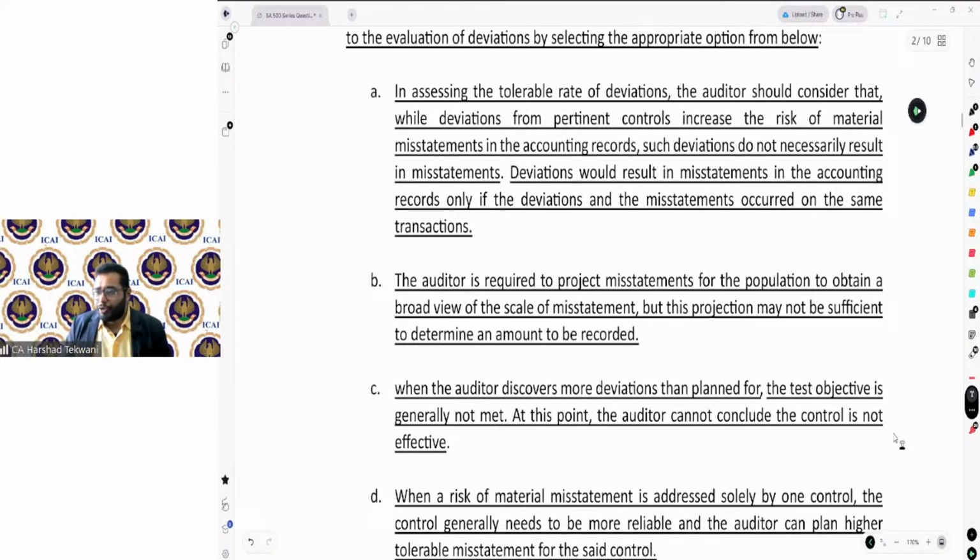So what do you think is the correct option? Come on, guys. What do you think is the correct option? Good for you, Ben.